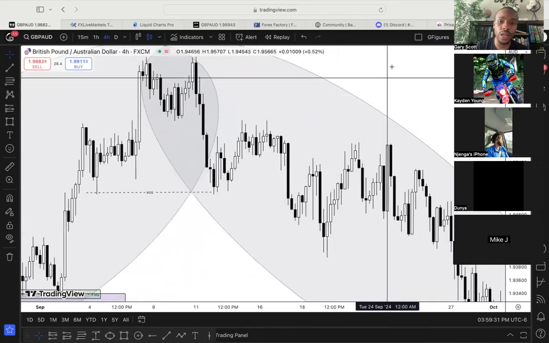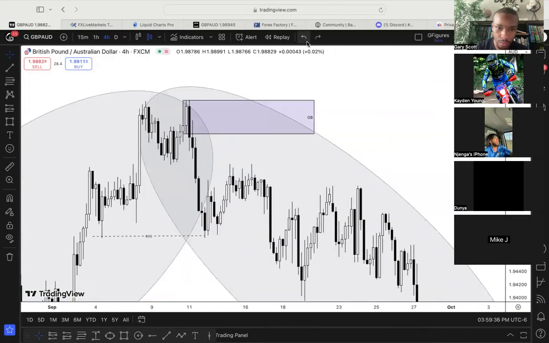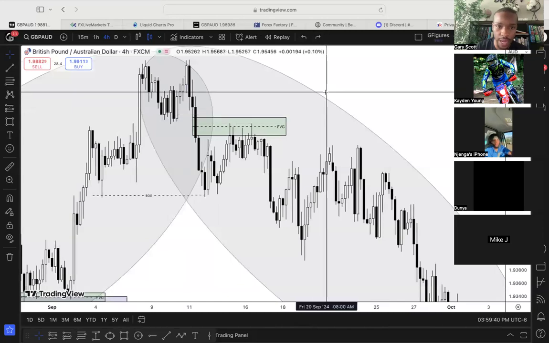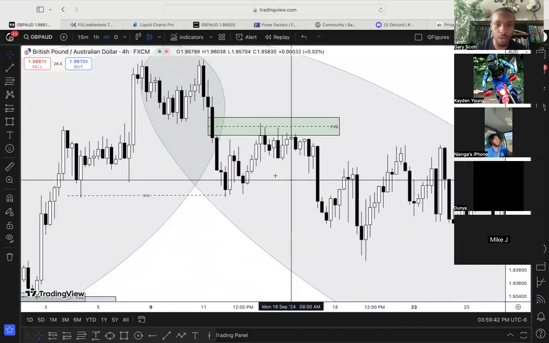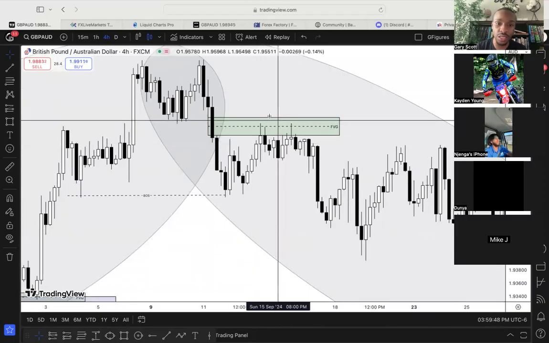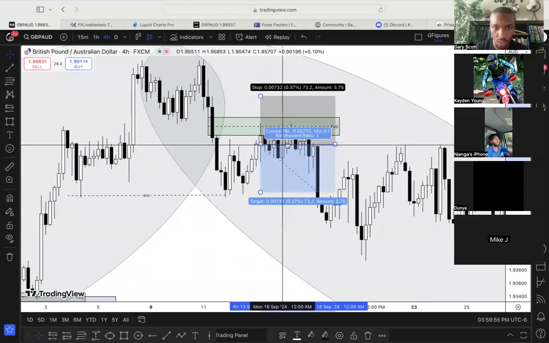How do I know where I could actually take my entry from? Let's take a step back and look at the fair value gap level that we found from the jump. We're taking our entry the moment that we see a bearish candle close beneath this area of value. We take our trade, we enter after that candle closes.